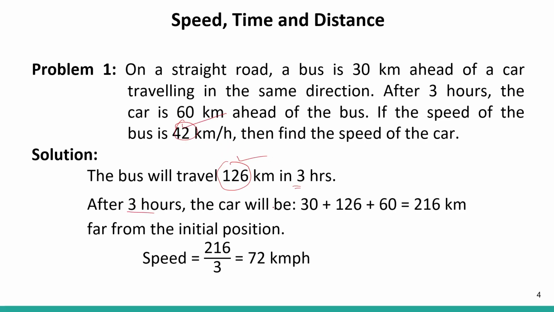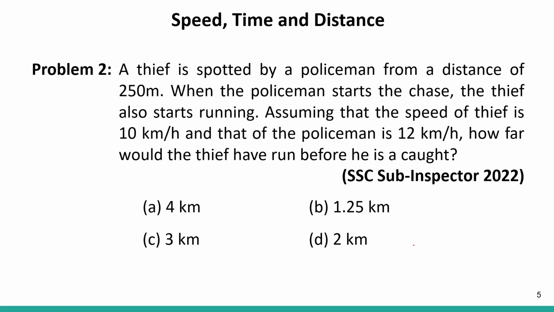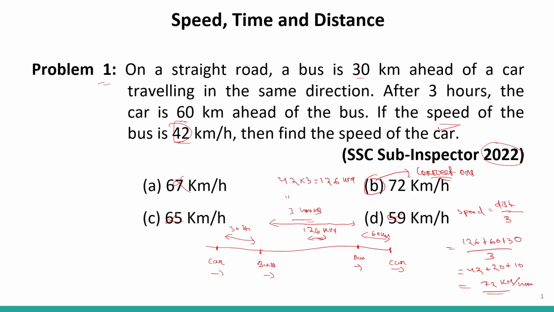After 3 hours the car will be 30 km plus 126 plus 60, which is 216 km away from its initial position. Because the car is already at a distance of 30 km from the bus, then the bus travels 126 kilometers in 3 hours, but the car overtakes it by 60 km.